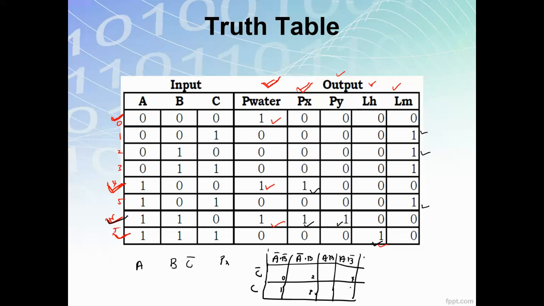Remember 4, 5 at the 4th column, 6 and 7. So your X is at the 4 and also number 6.